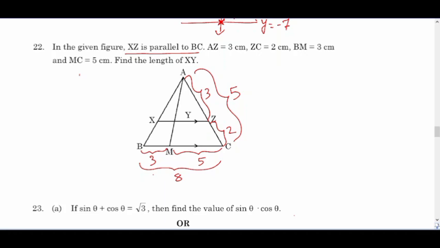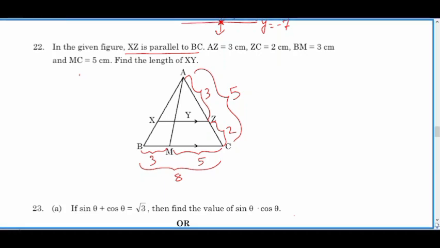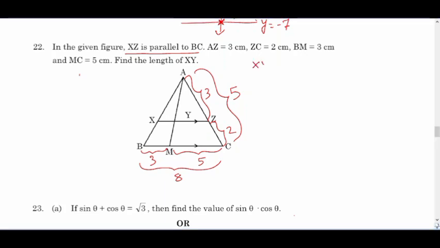Now we have to find XY. To find XY, we find XZ and YZ, and subtract YZ from XZ. To find XZ, we take triangle ABC and triangle AXZ, which are similar triangles.